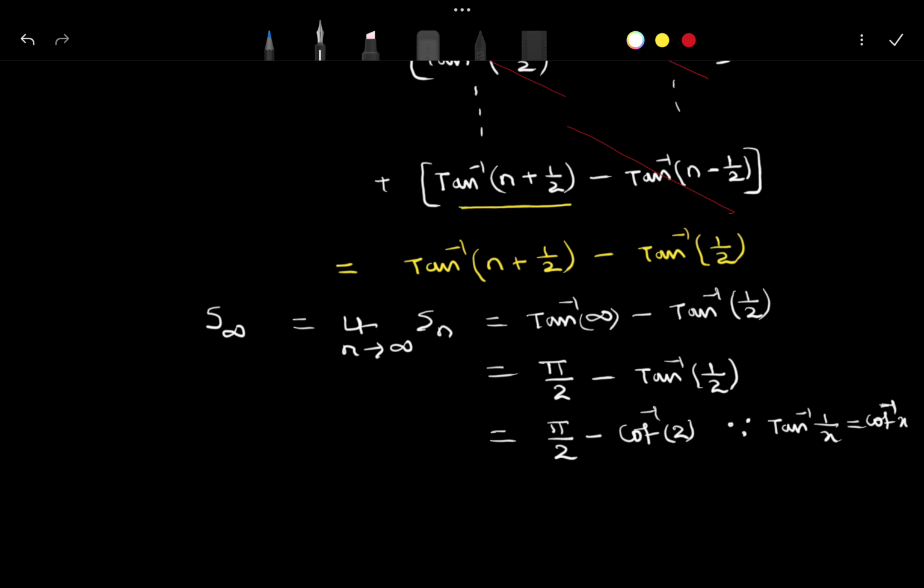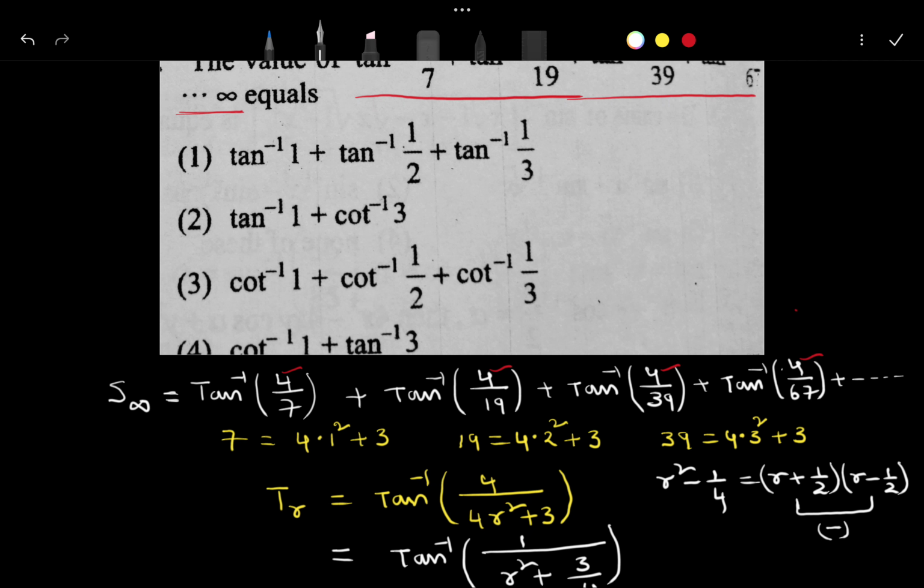Now let us verify the options one by one. How can we verify this? You simplify the first option first: tan inverse 1/2 plus tan inverse 1/3, this value will be pi by 4.